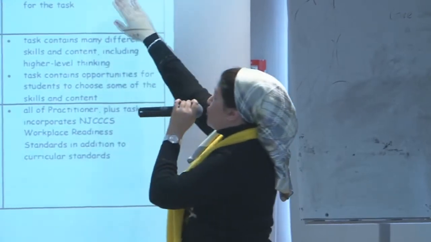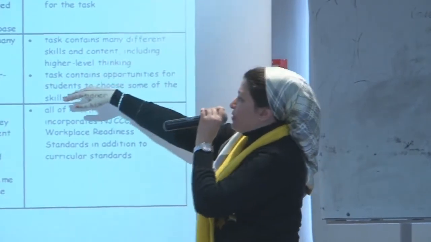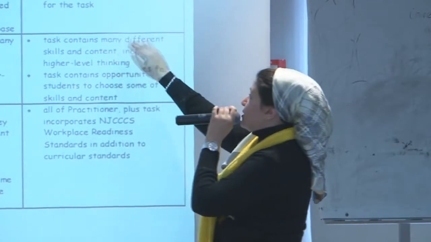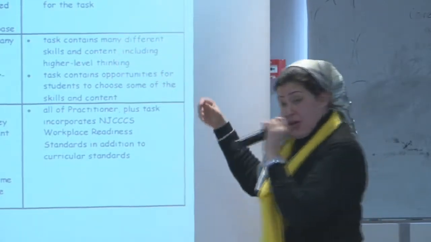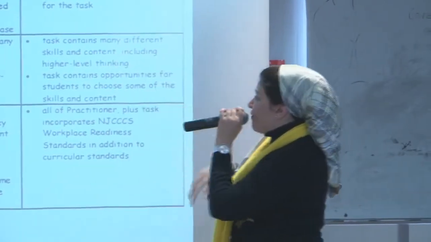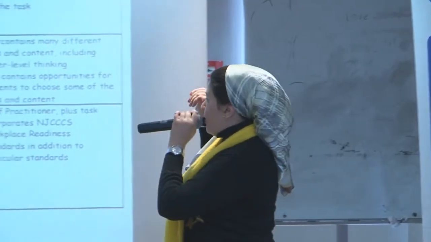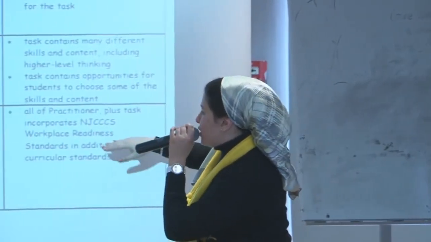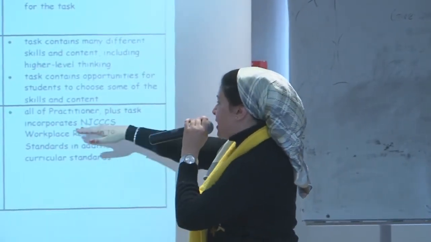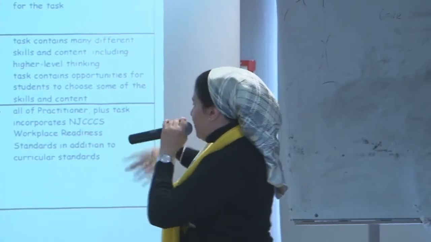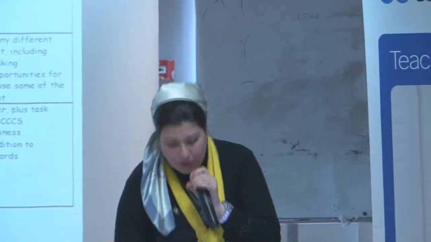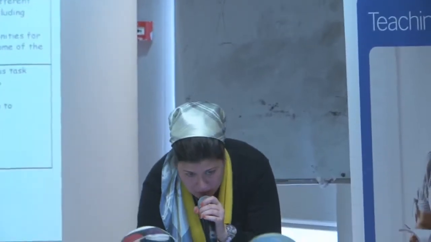Open-ended, the task allows students to choose different measures for the task. Complexity contains many different skills in content, including higher level thinking. And here, curricular connection, it follows the curriculum and standards and the ILOs.